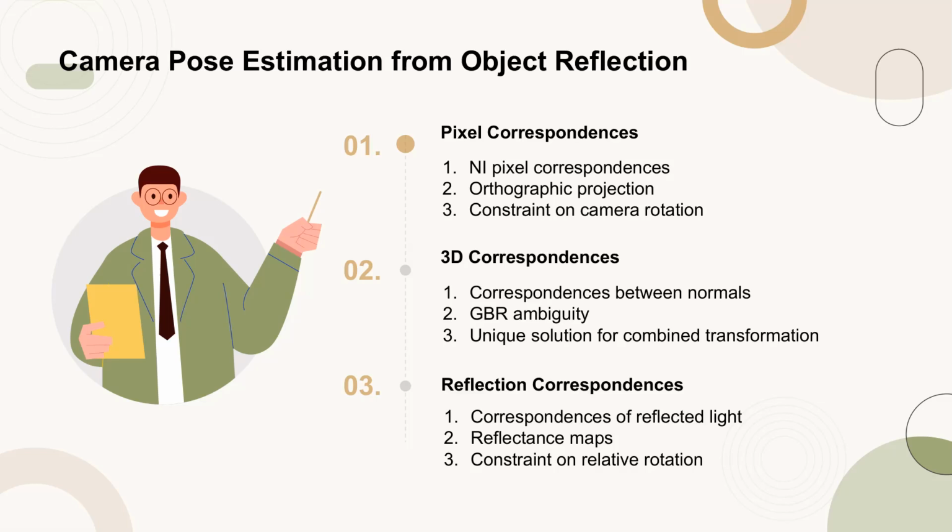Second, 3D correspondences relate to the normals at matched image locations, but are subject to the generalized bas-relief ambiguity. Finally, reflection correspondences match image locations where light rays are reflected from the same direction, providing additional constraints on the relative rotation. These correspondences, when combined, allow for the estimation of the camera pose, despite the challenges posed by the ambiguities.